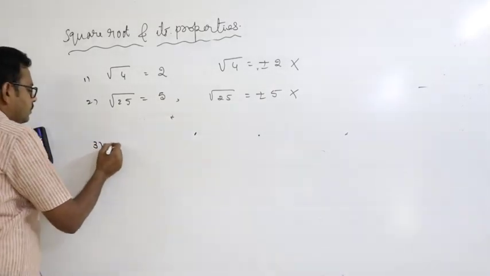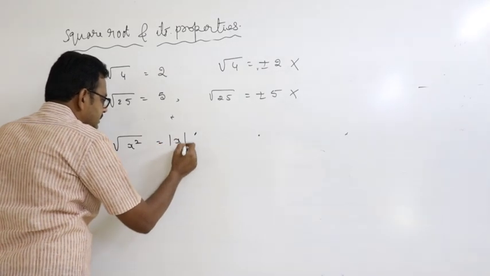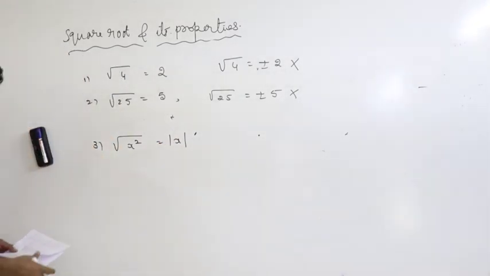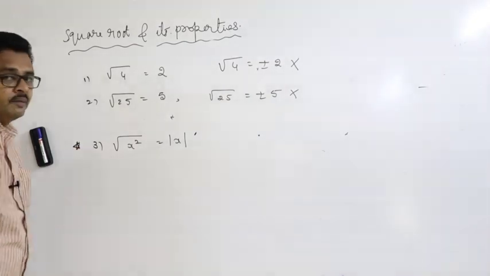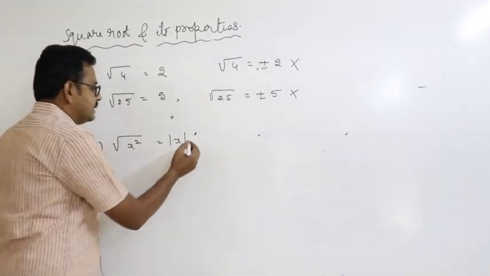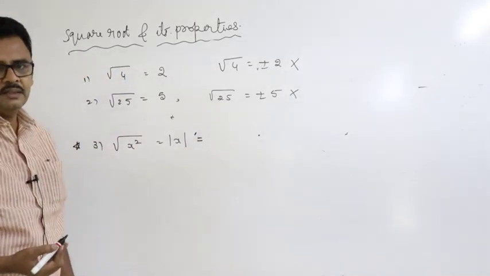Next one: root of x square is equal to mod x. This is the most important point. In the previous class we discussed mod x.